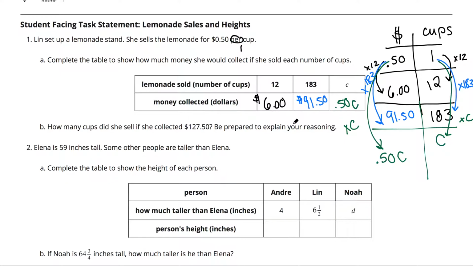Be prepared to explain your reasoning. Well, over here, we figured out that the cost is always going to be 50 cents times how many cups you bought. But in this case, now they're telling us what that's going to equal.